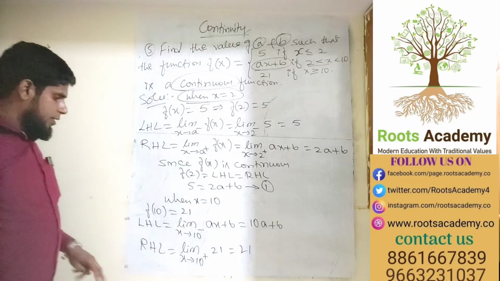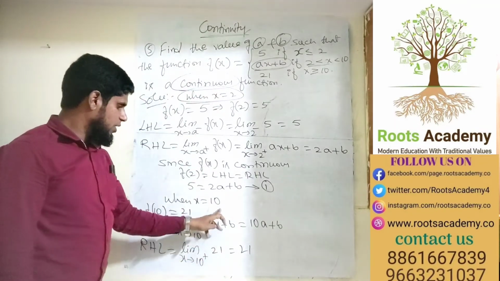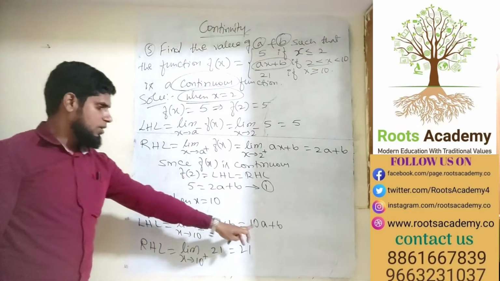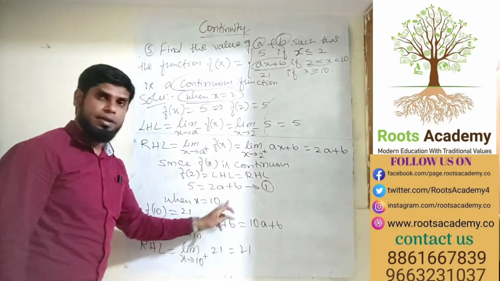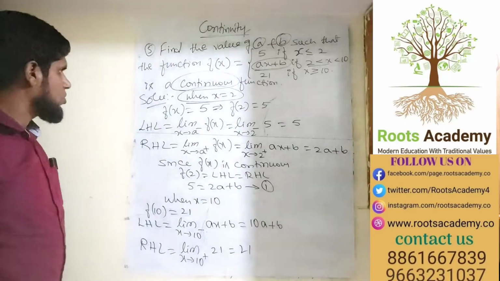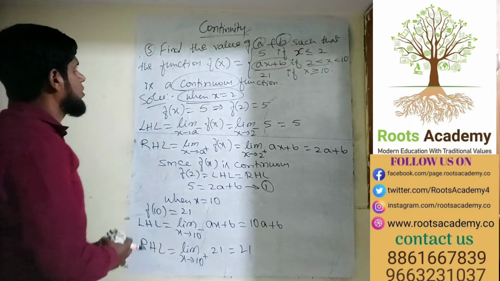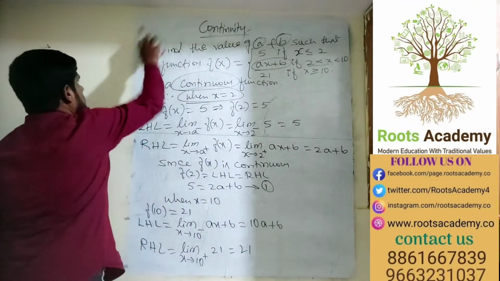So student, again, here he declared that it is a continuous function. So these three values, that is f of 10, left hand limit and right hand limit, are equal.